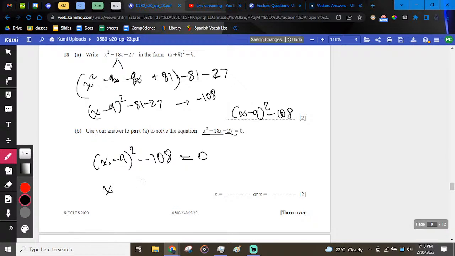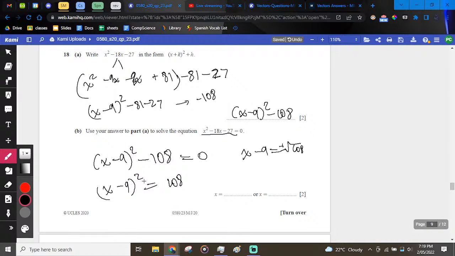Therefore, x minus 9 squared equals 108. What is x? Square root both sides. X minus 9 is actually the square root of 108. Grab plus minus because it's a quadratic.